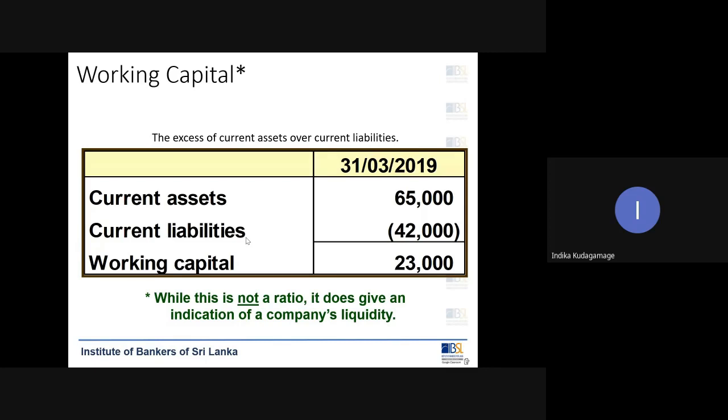Basically, debtors and creditors and cash play a major role because that helps the operation. Financing happens from creditors and short-term borrowing. So working capital is the funding required to run a business on a day-to-day basis. Right? So current assets minus current liabilities is working capital. Normally we term it as working capital.